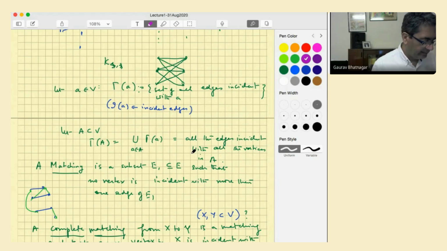Yeah, I think that's right. He doesn't say. It says denote by gamma A something, but he doesn't say what gamma is.